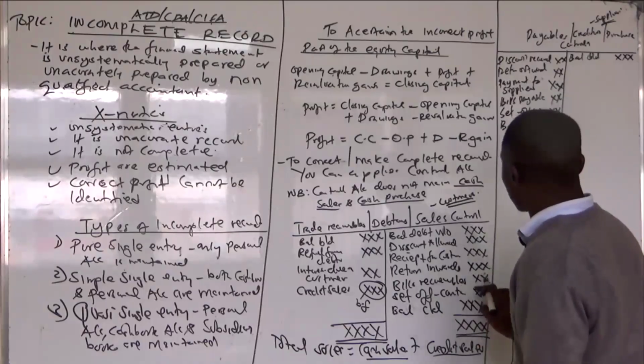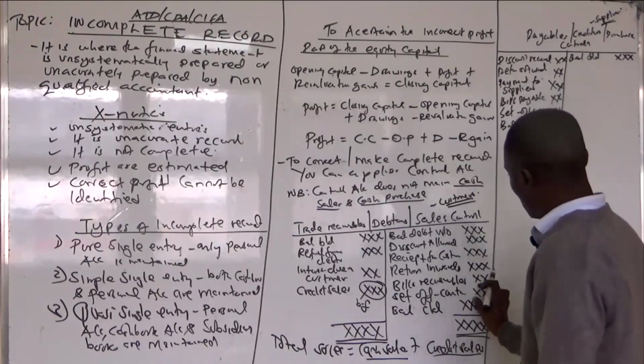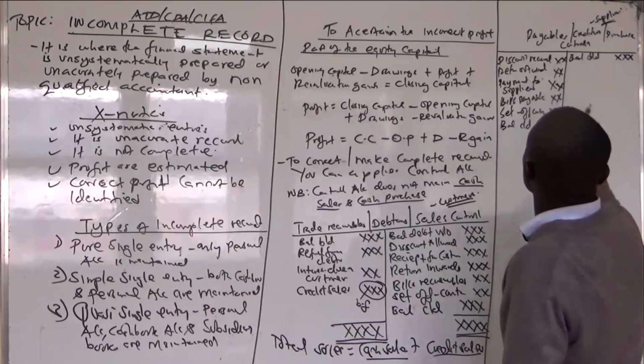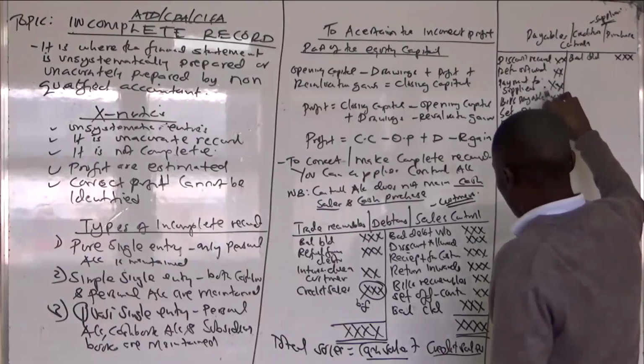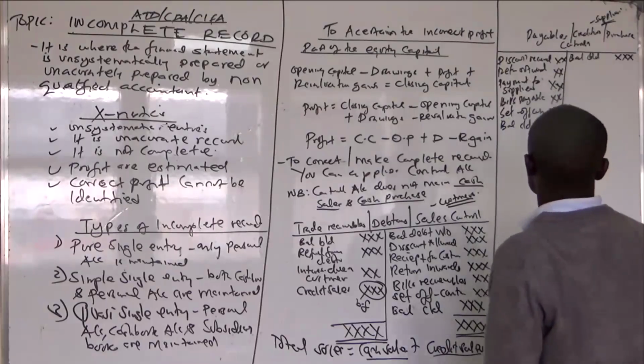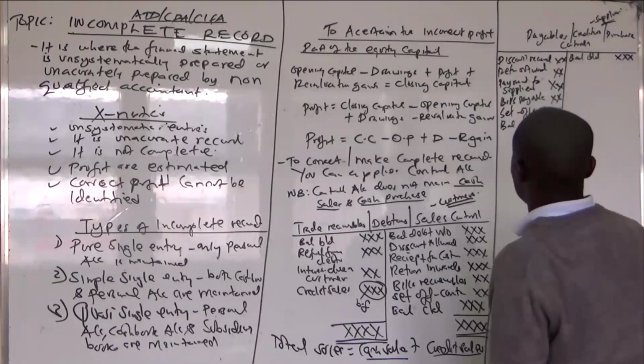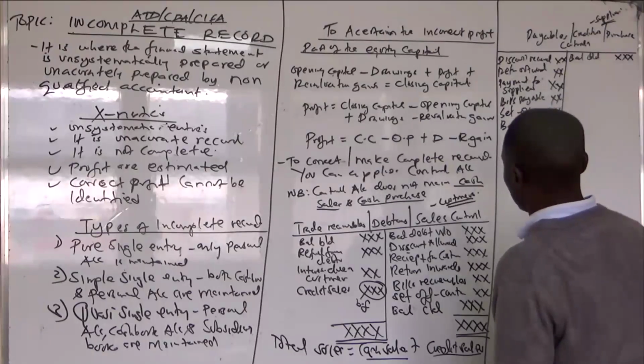It is a double entry. With the same amount, if you credited this side, you come to debit the other side. So another thing we might be remaining with.